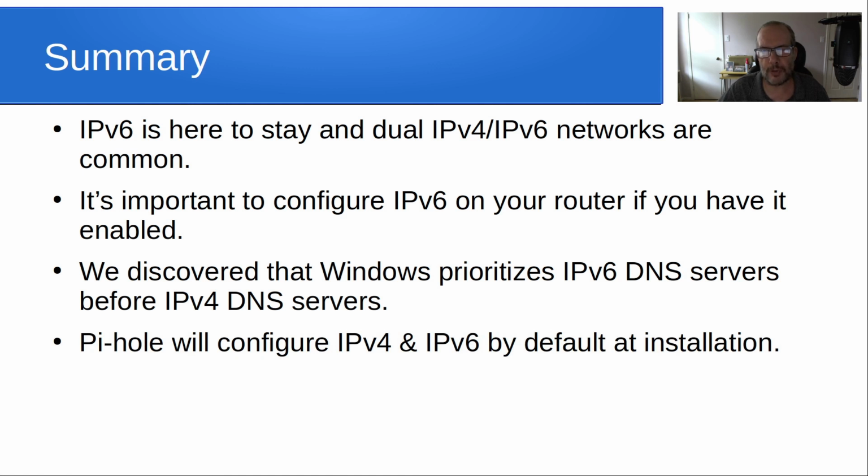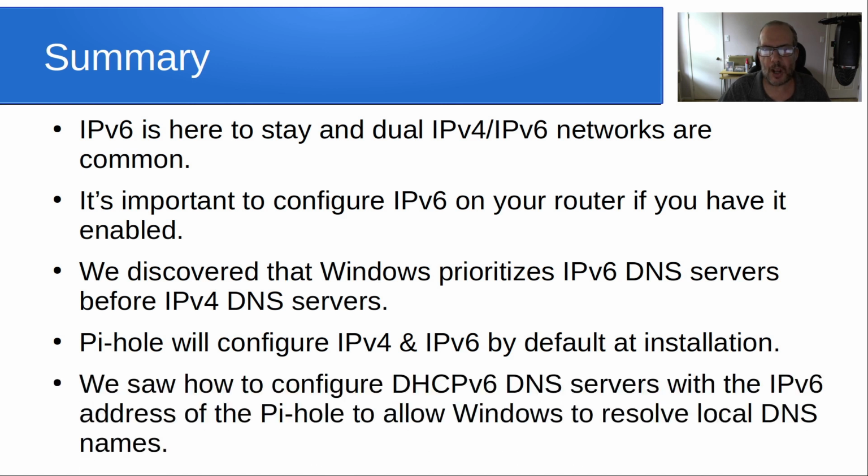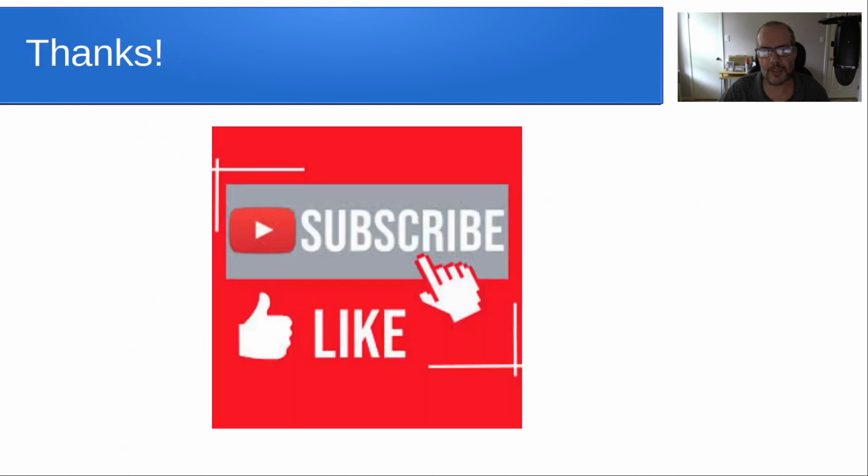Pihole will configure IPv4 and IPv6 by default at installation time. We saw how to configure DHCP version 6 DNS servers with the IPv6 address of the Pihole to allow Windows to resolve local DNS names.